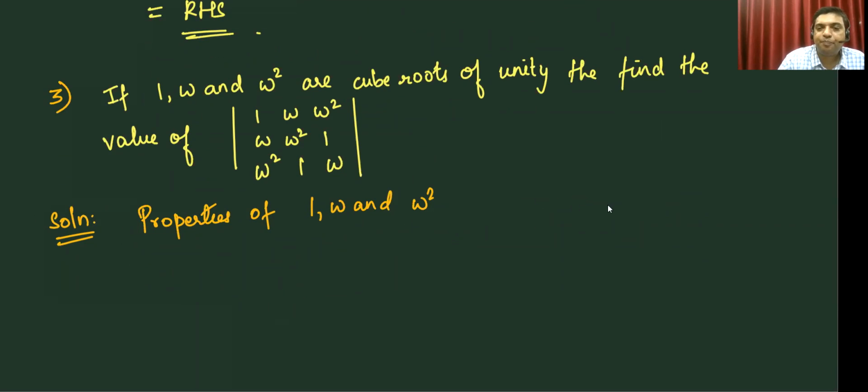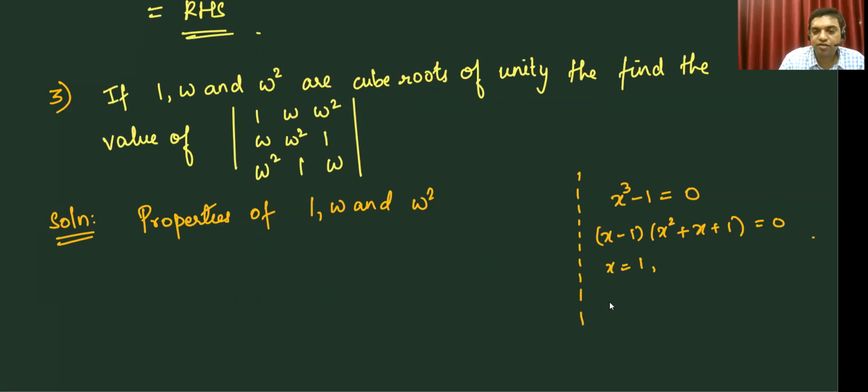See, basically, this is. Sir, is the answer 0? Yeah, answer is 0. Basically, these are roots of x cube minus 1 equal to 0 because they are cube roots of unity. You factorize this as x minus 1 into x square plus x plus 1 equal to 0. So you get 3 solutions.